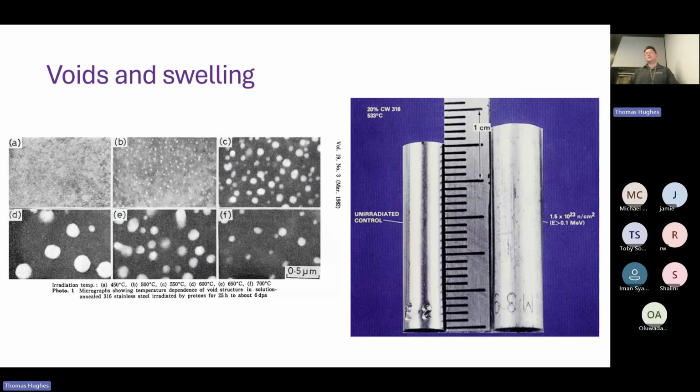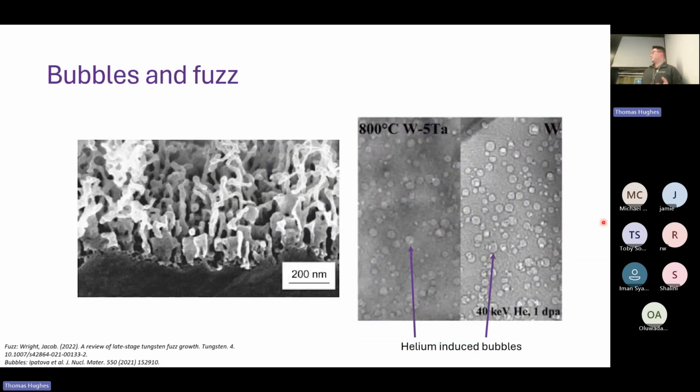The other thing that can happen is almost the opposite of a void, is a bubble. So if we've got lots of helium going into the surface of our material, it will happily diffuse into most metals. Helium will like to clump together and create lots of bubbles. These bubbles will grow and cause a very similar effect to the growing and changing of our steel in the previous picture, but it's helium instead of nothing.